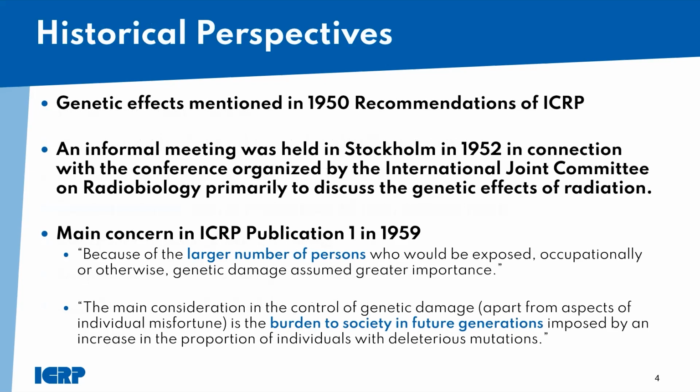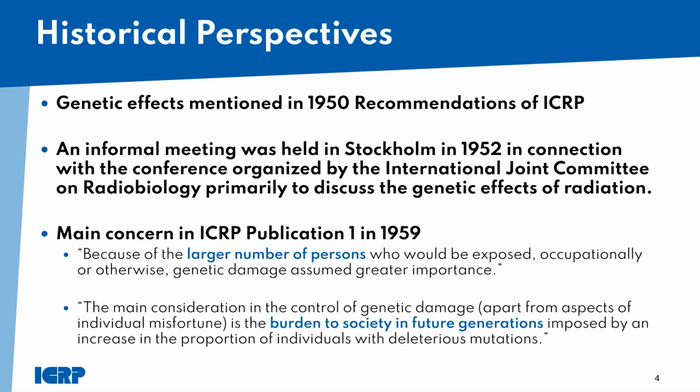1950 recommendation of ICRP. That was not yet publication one, that was previous to publication one. And then that was also discussed at the informal meeting held in Stockholm in 52 in connection with a conference on radiobiology. At that time, even before discussing the risk of cancer, there was discussion about genetic effect of radiation.